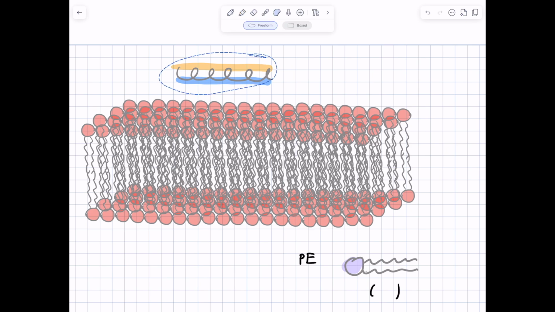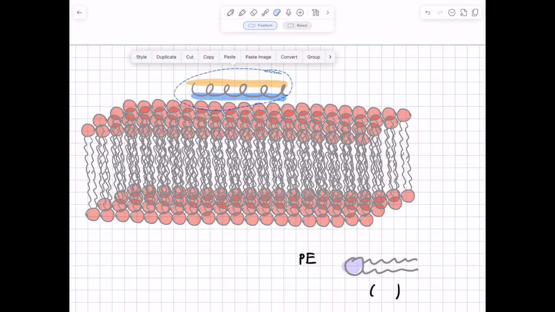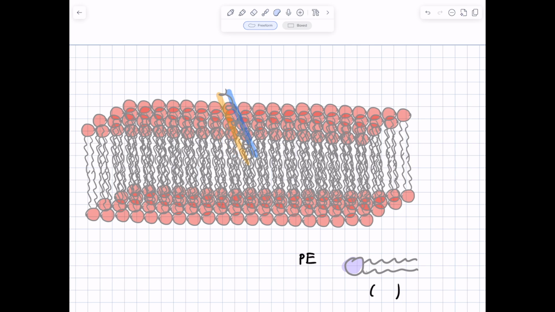The positively charged side of the helix is attracted to the bacterial membrane. Once it's there, it twists and switches its orientation so that its nonpolar interior is inserted into the membrane.